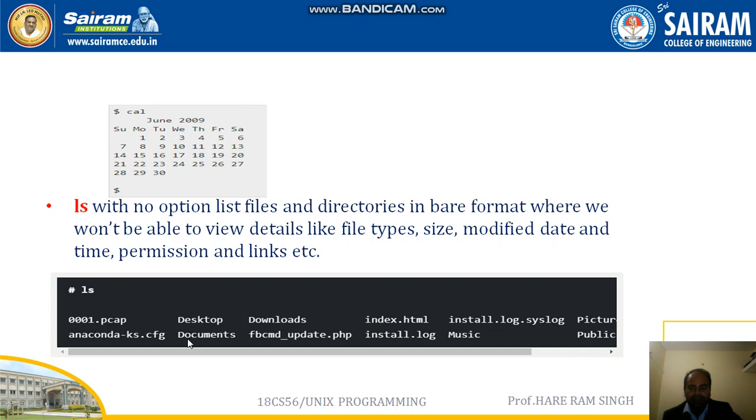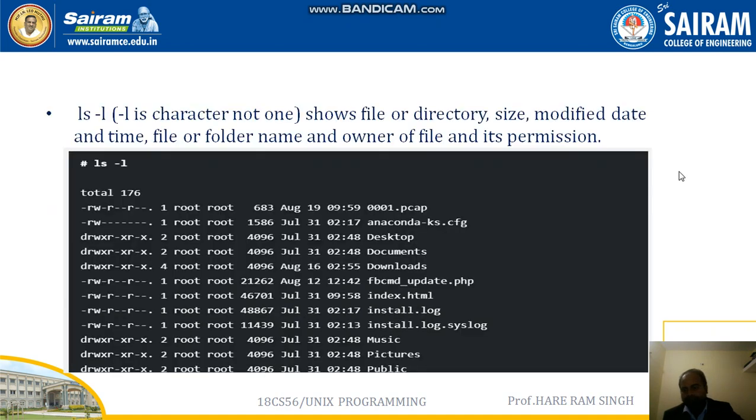Next is the ls command. ls with no option lists files and directories in bare format, where we won't be able to view details like file type, size, modified date and time, permissions and links. So here the different files present in the current directory will be simply displayed. ls has different options.